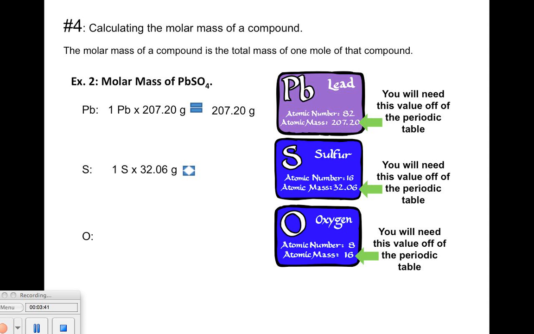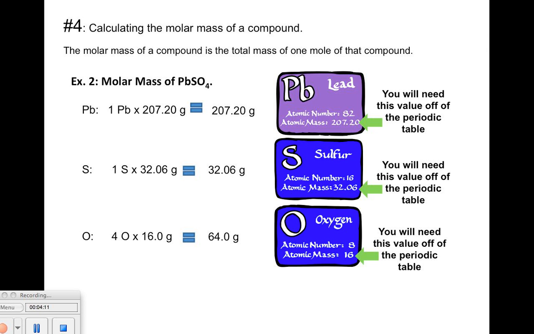So when we multiply 1 times 32.06, we get 32.06 grams of sulfur. Oxygen, however, has 4 atoms, and you're going to have to multiply it by the mass of oxygen, which is 16.0. When you do that, you get 64 grams. Again, these masses, 207.20, 32.06, and 64.0, are the masses of the individual elements.